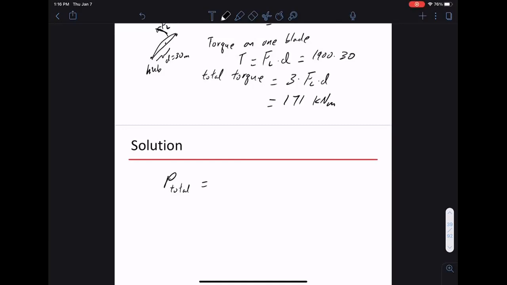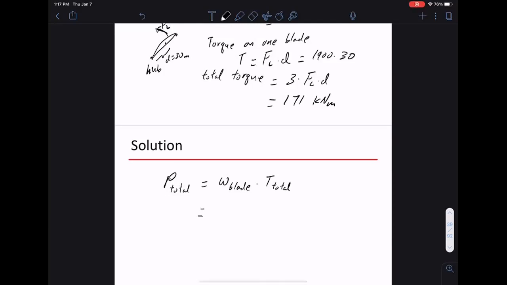All right, if you don't remember, the equation is the angular speed times the total torque. The torque times how fast you're going determines the power.